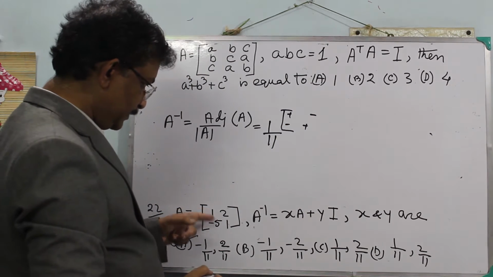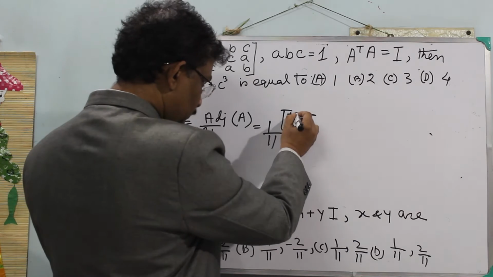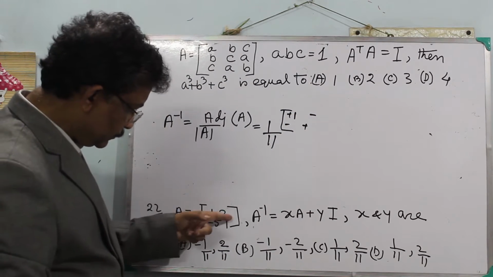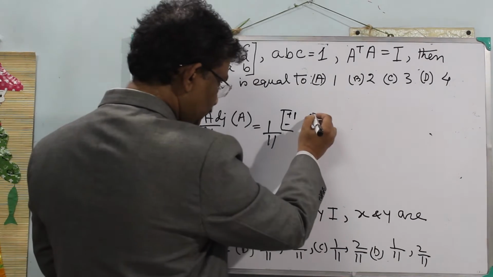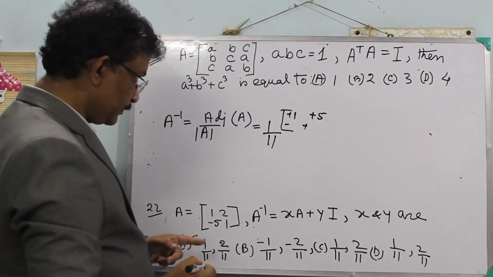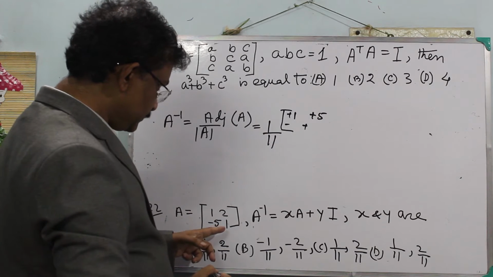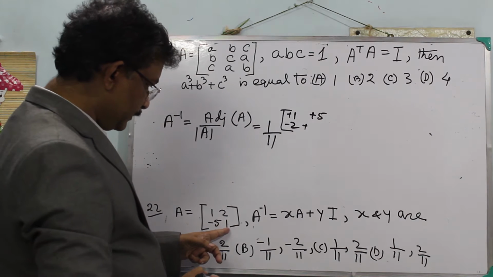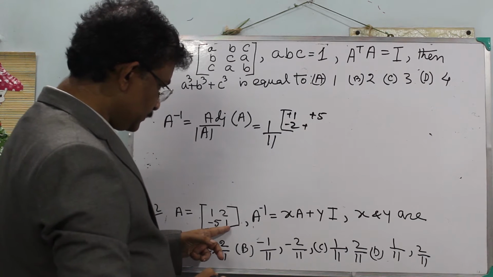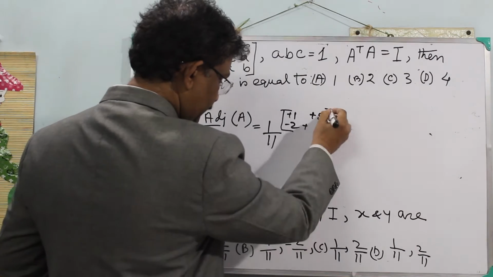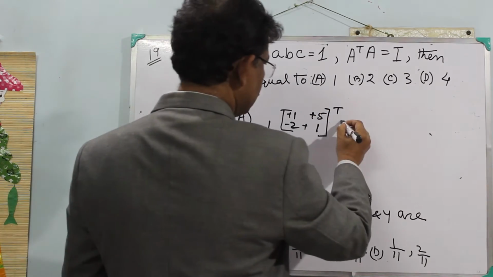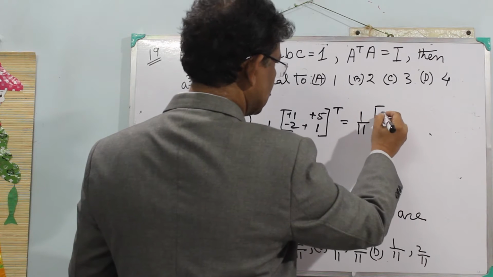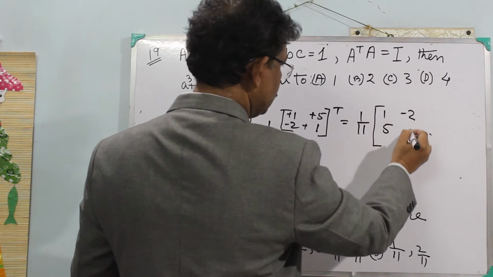So the cofactor of the first element is 1. For 2, it is minus 5, so minus of minus 5 is plus 5. For this 5, it is 2, minus 2. For 1, it is 1, and then there is the transpose. So this equals 1 by 11 times the matrix 1, 5, minus 2, 1.